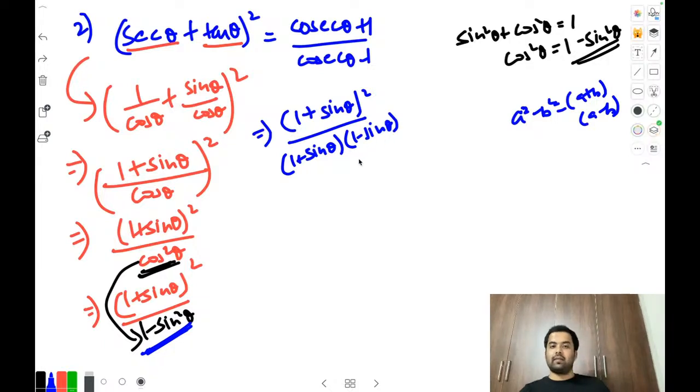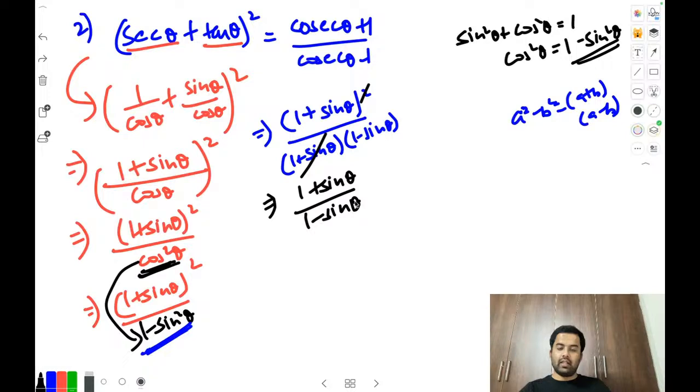We can keep like this, right? Next, what we can do? We can cancel this. This got cancelled, square got cancelled. Remaining is what? 1 plus sine theta divided by 1 minus sine theta.